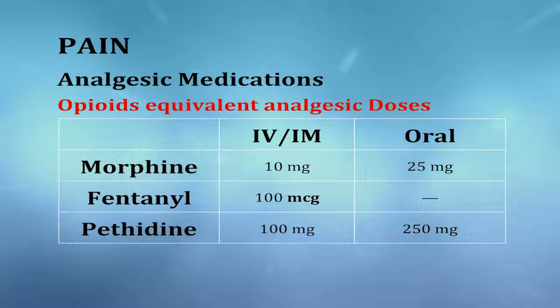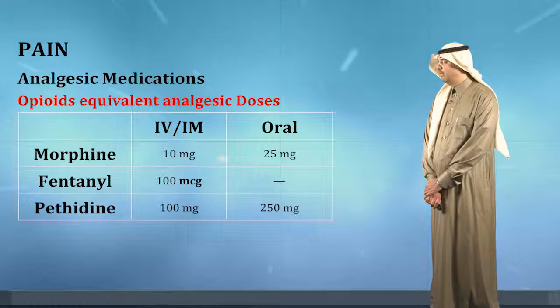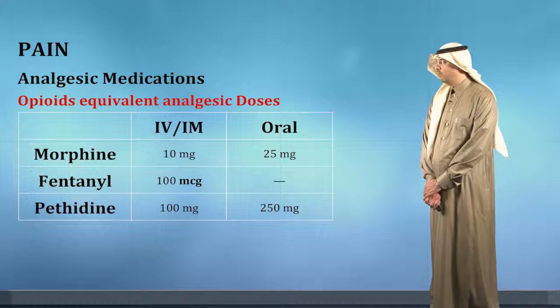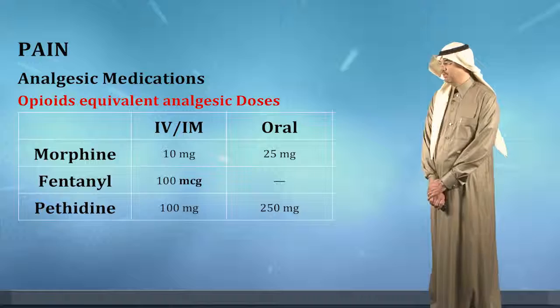This is a table which compares opioid equivalent analgesic doses, and as we said, morphine, fentanyl and pethidine are the three common opioids. They can be given intravenously or intramuscularly, or orally, except for fentanyl.